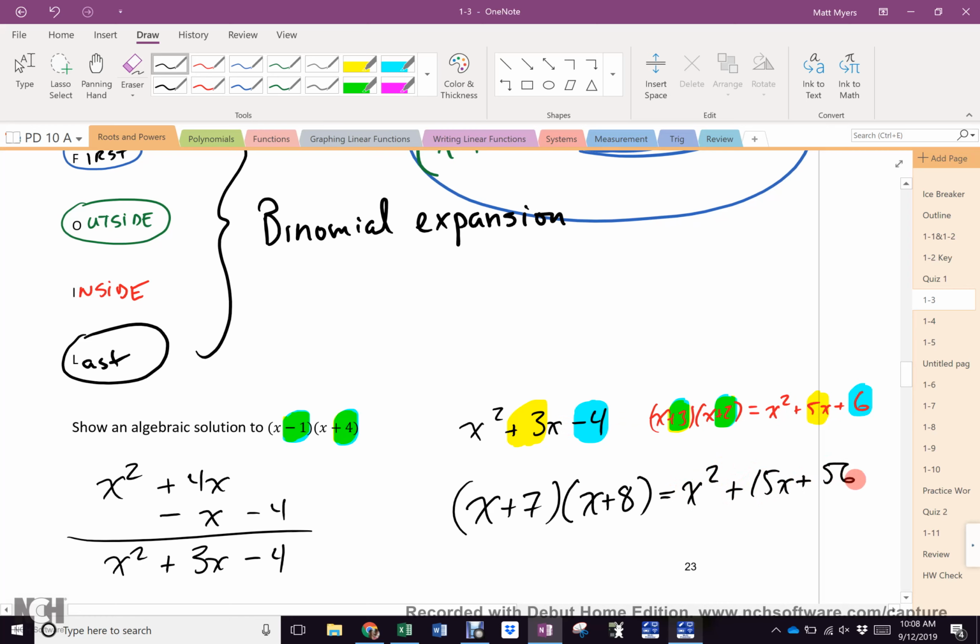Here's the gift. You add these, you get the middle one, you multiply them, you get that one. But that only works if it is a single x at the beginning.